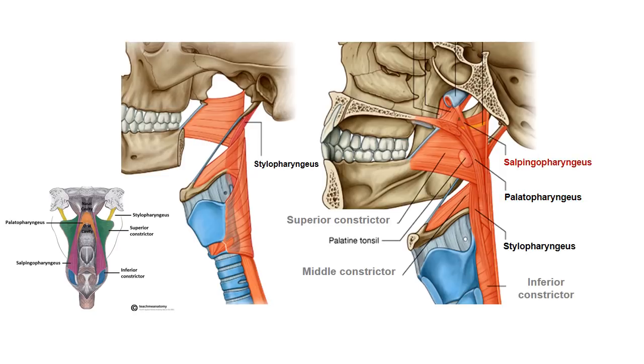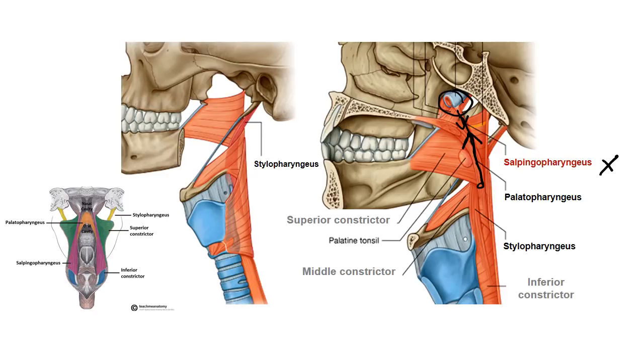The salpingopharyngeus muscle arises from the eustachian tube and extends down to insert onto the pharyngeal muscles. It helps to elevate the pharyngeal muscles, but in reverse action can pull down and help to open the eustachian tube. Salpingopharyngeus muscle is innervated by cranial nerve 10.